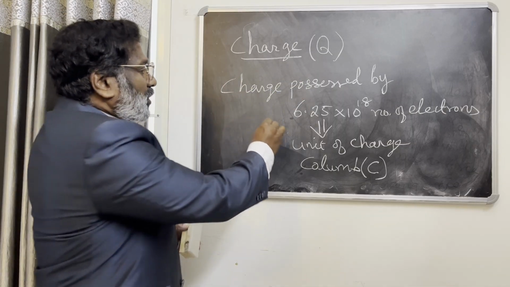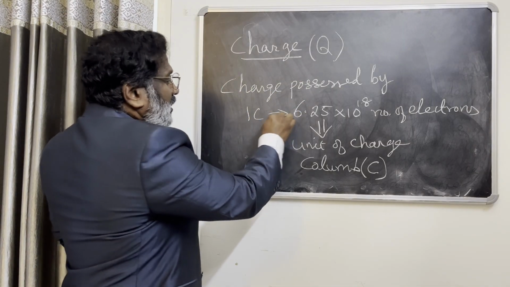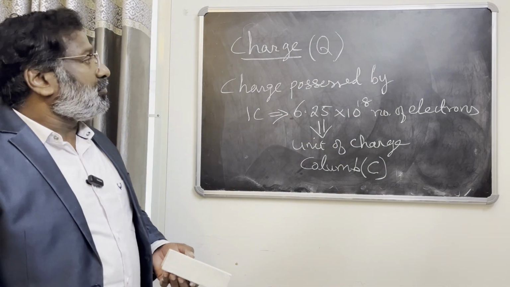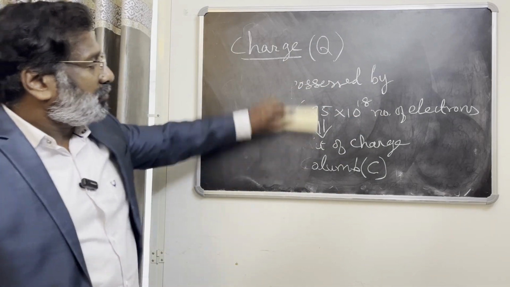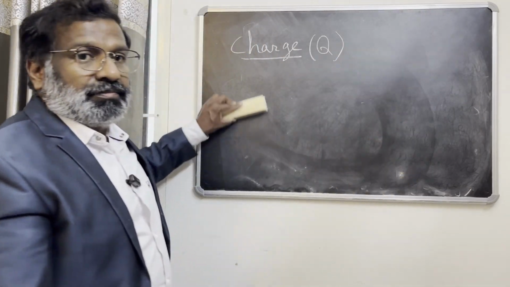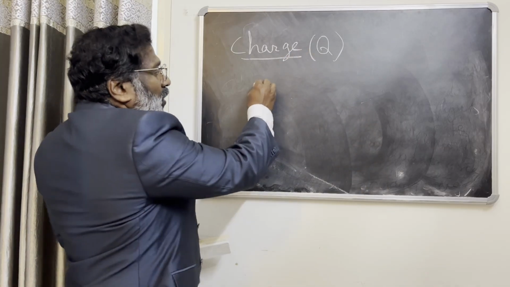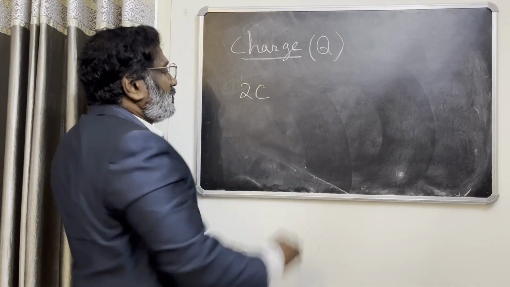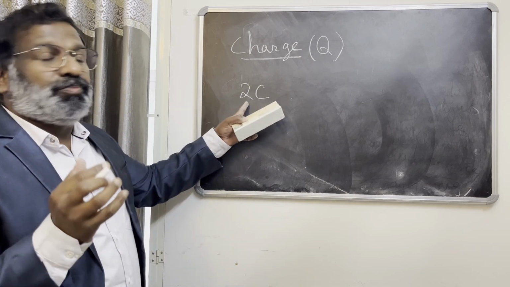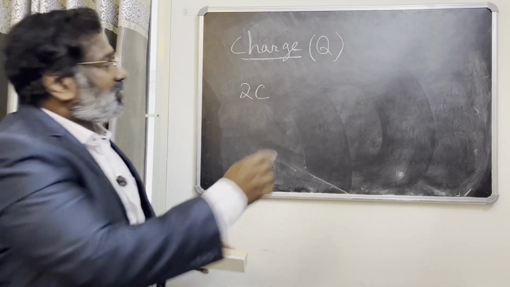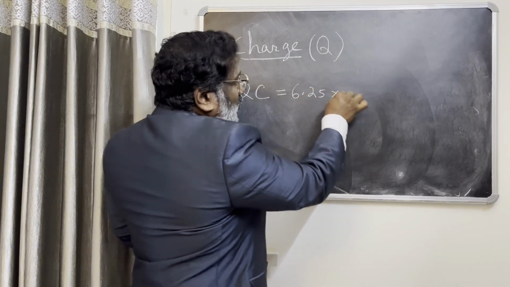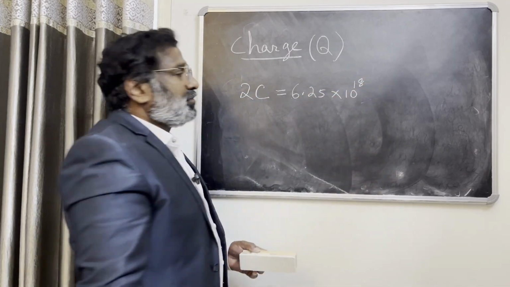So, if you want 2 coulombs, how many electrons together comprise 2 Coulomb charge? 1 Coulomb means 6.25 into 10 power 18.